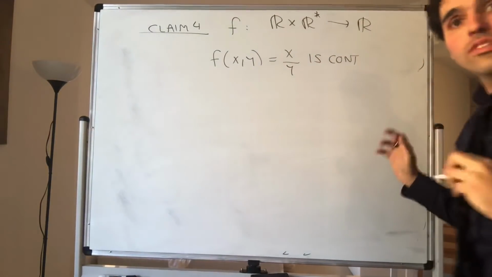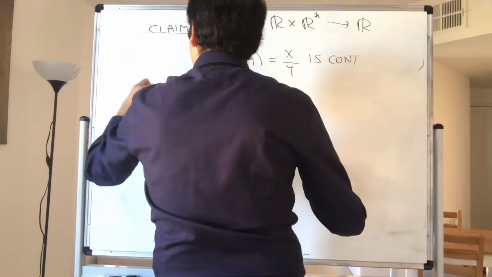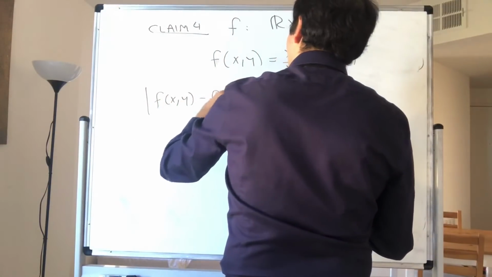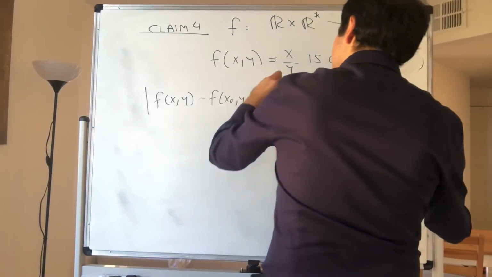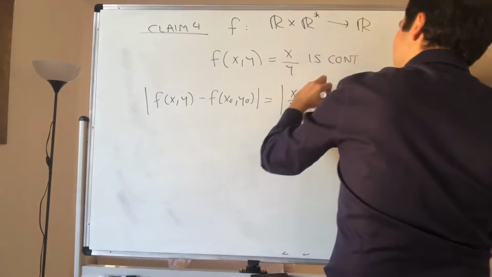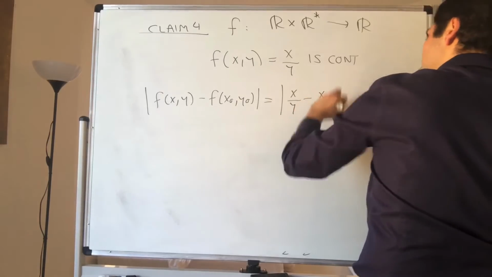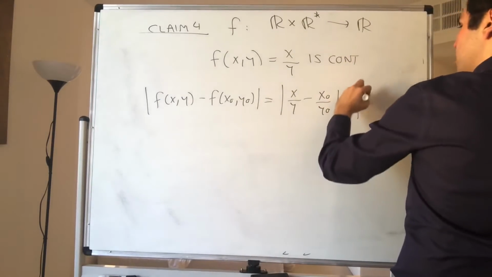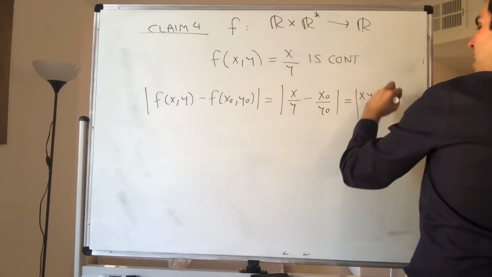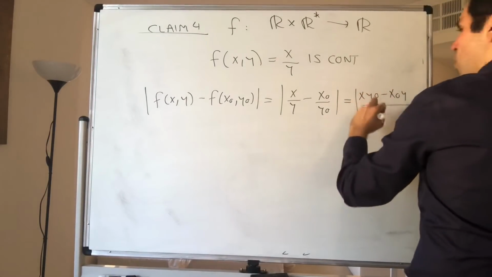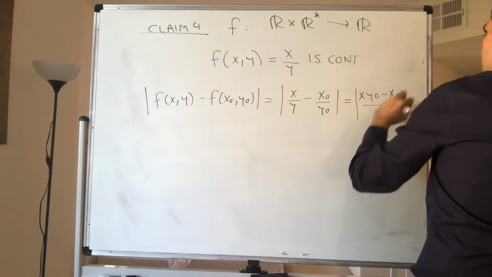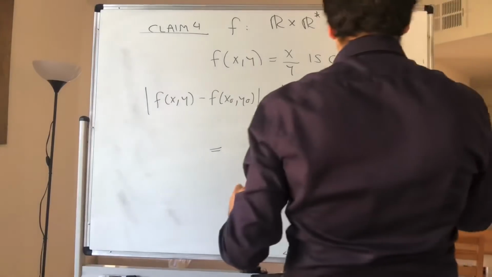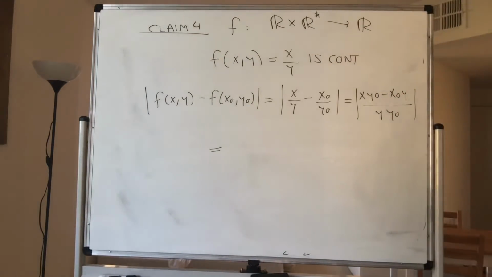And again, let's do a little bit of scratch work. So f of (x, y) minus f of (x naught, y naught), that is x over y minus x naught over y naught. And then putting this on a common denominator, that is (x y naught minus x naught y) over y y naught. And this becomes the following. So now, again, let's add and subtract some terms.